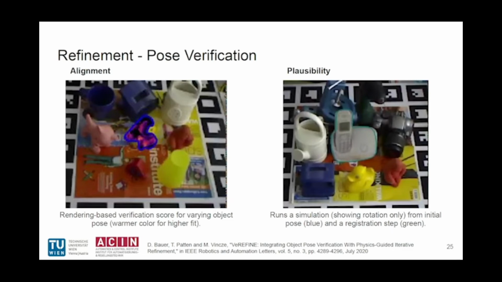So we can look at something slightly more clever. One idea, introduced in the Robotics and Automation Letters in 2020 by Weibel, is combining both the refinement and the verification, and including the concept of plausibility, which here is shorthand for physical simulation.